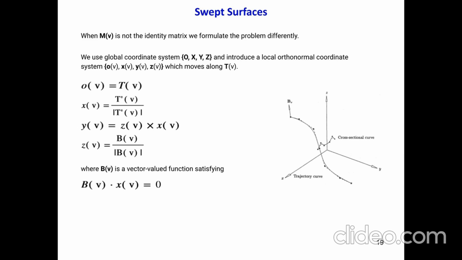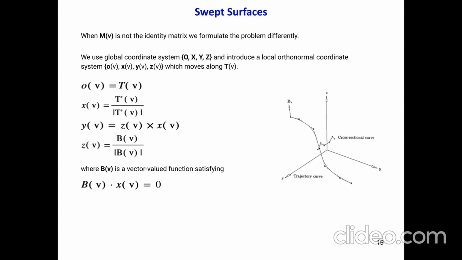It's an algorithmic process, a numerical method to construct this swept surface now. So we use a global coordinate system and introduce a local orthonormal coordinate system with O, X, Y, Z vectors, which moves along a trajectory curve now.